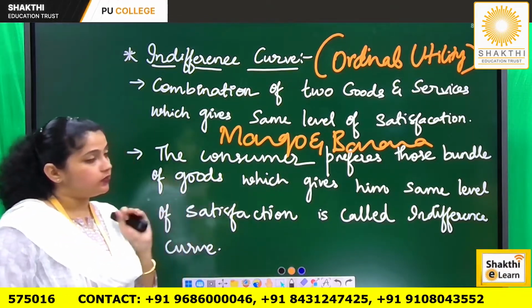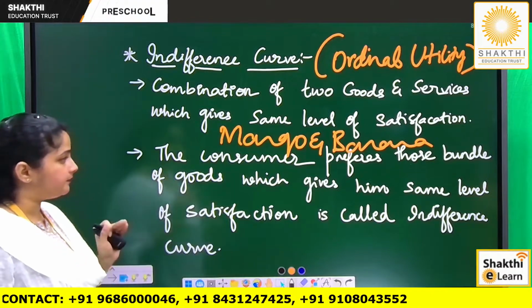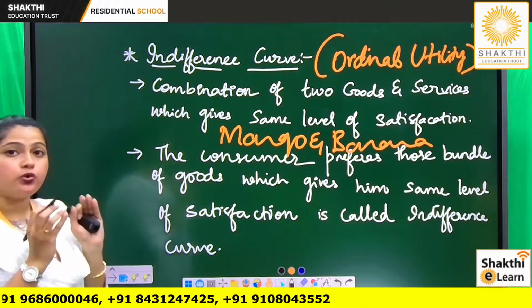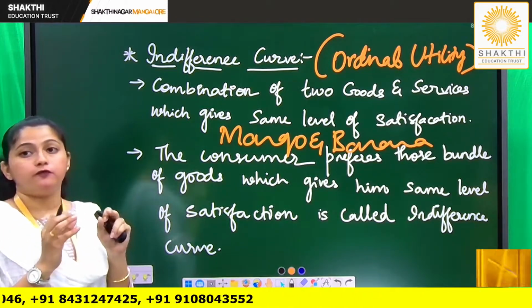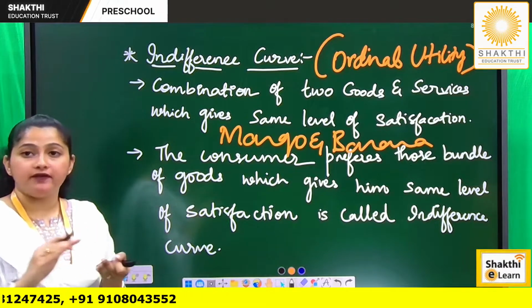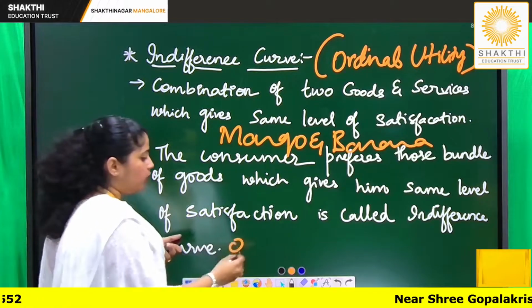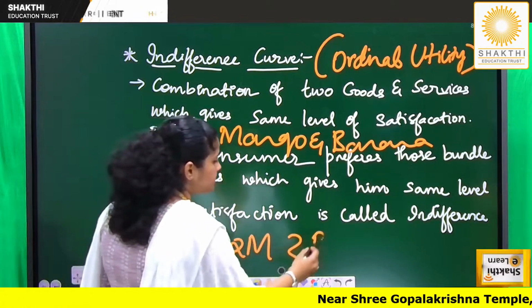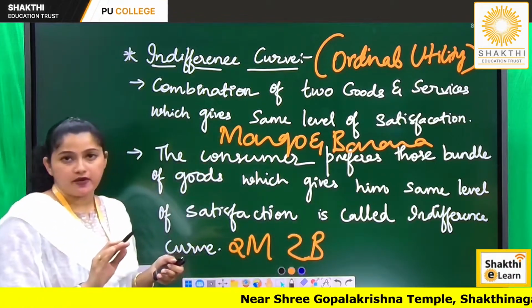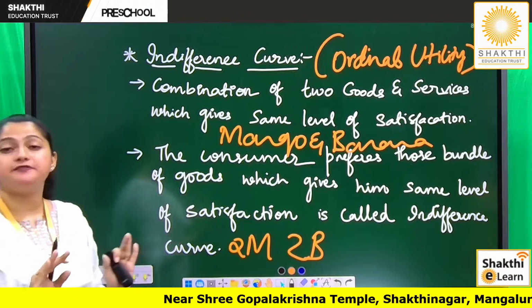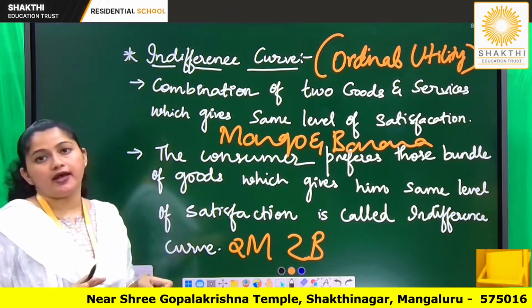That is what an indifference curve means. The consumer is going to prefer those bundles of goods which give the same level of satisfaction. Let me say 2 mangoes and 2 bananas are giving you the same level of satisfaction. The level of satisfaction doesn't differ over here. That is something called an indifference curve.